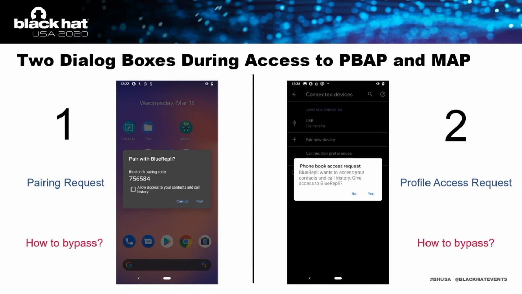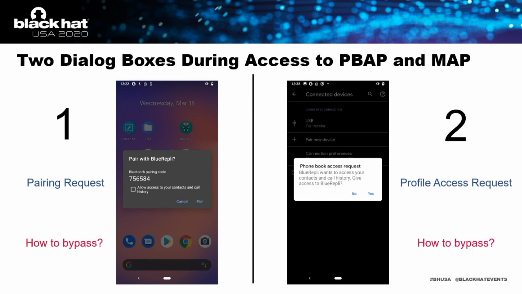When both requests are approved by the user, we can access PBAP and MAP. Therefore, using PBAP and MAP to steal the phonebook and short messages is essentially to bypass these two dialog boxes.